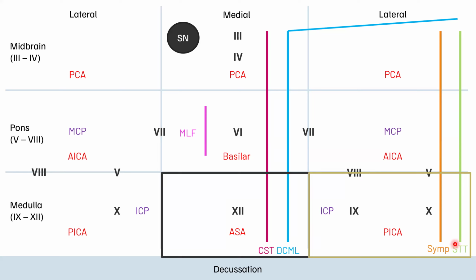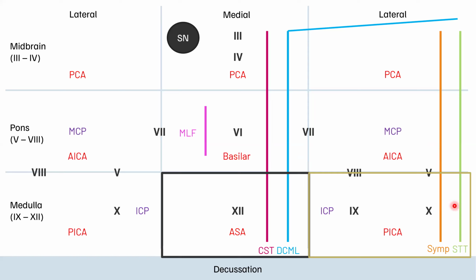Second, we have those tracts that are running through, the sympathetic fibers and the spinothalamic tract. What does the spinothalamic tract carry, you guys? Pain and temperature. Perfect. And we have this sympathetic. So what does this mean for me?